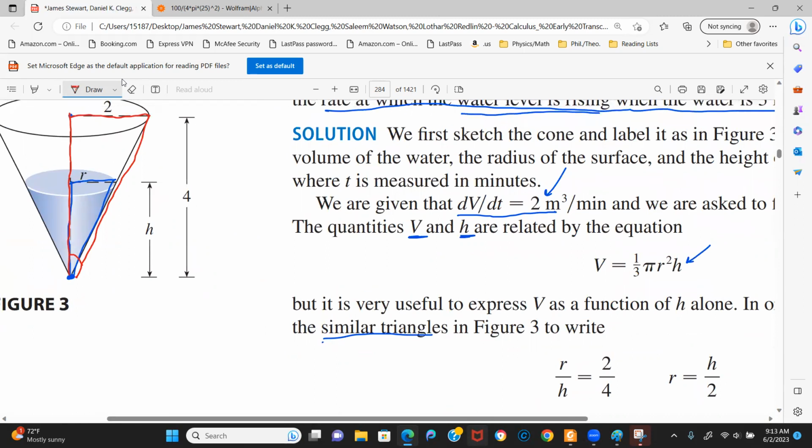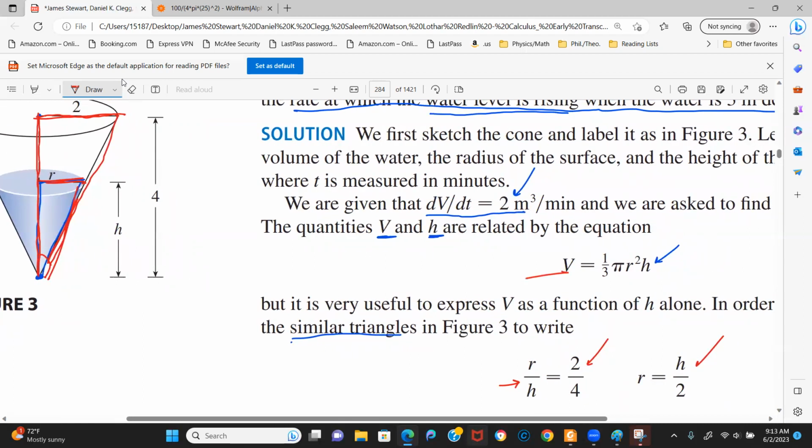So this r divided by this h, r over h, has to be equal to this side length divided by this side length, or the other way. It doesn't matter. You could do 4/2 and h over r, or r over h and 2/4. That allows you to eliminate r in this formula, because notice there's a V, r, and an h.